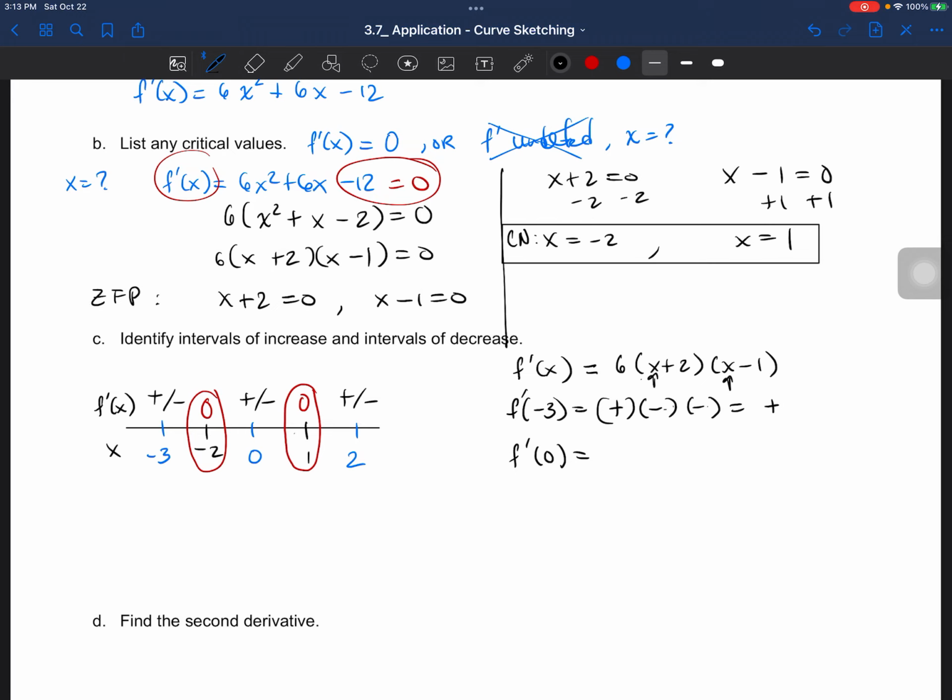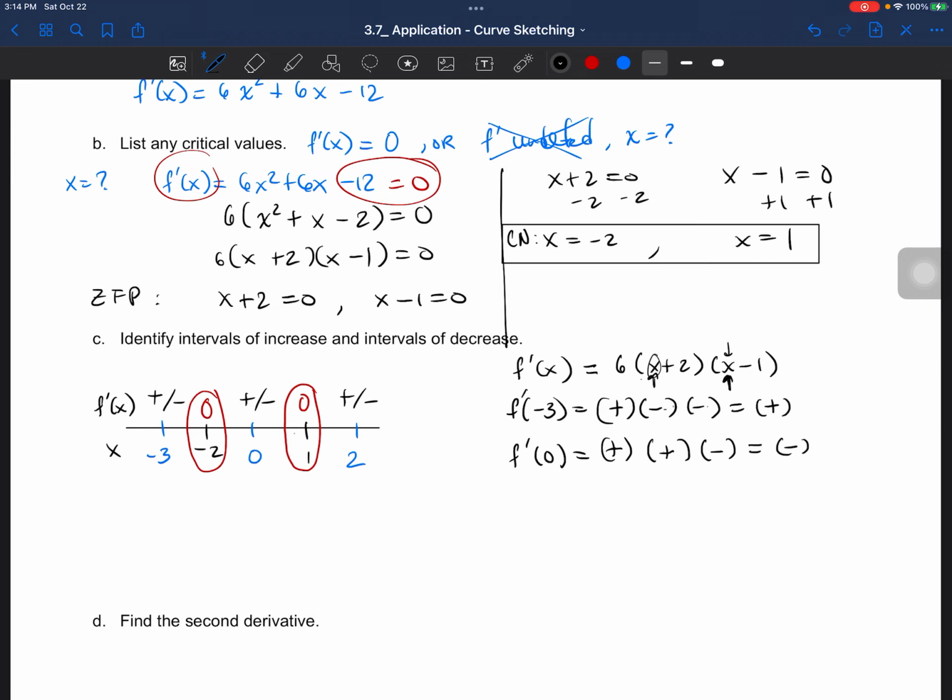And you guys notice this is much easier than trying to figure out the actual number and multiply them, because we only care about the signs. We don't actually need to know that this is a positive 6. When you plug in a 0 in here, you're going to get 0 plus 2. That's 2, but it's just a positive. When you plug in a 0 in here, that gives you 0 minus 1, which is -1, which is just a negative.